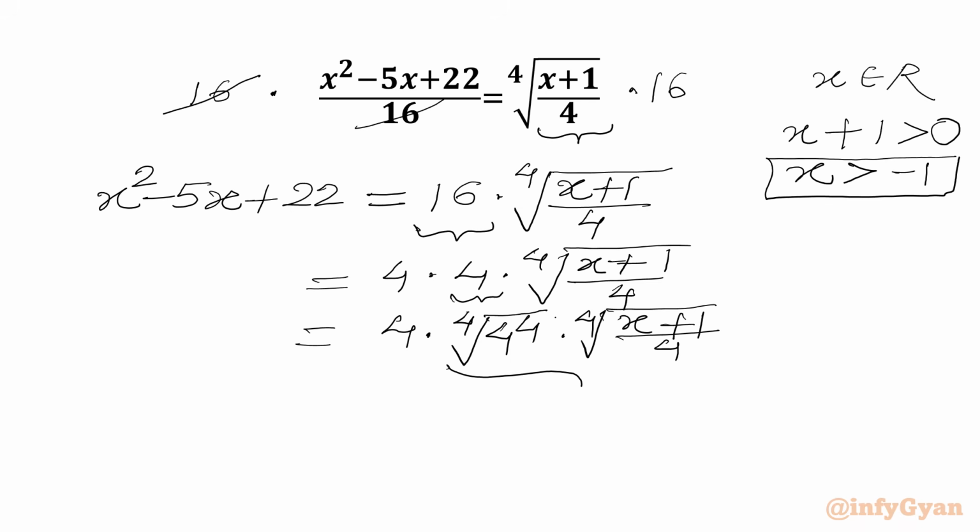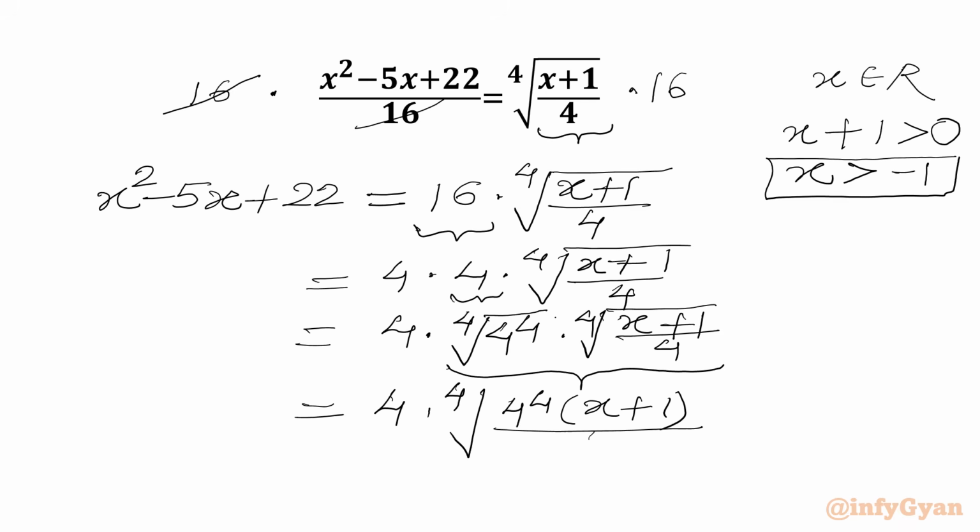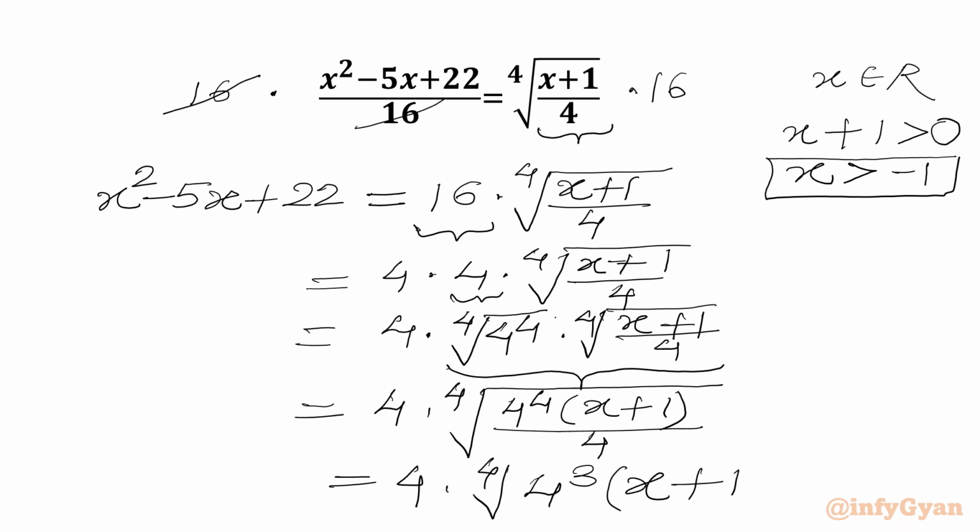Now we can club these two 4th roots and write 4 times the 4th root of 4 power 4 times (x + 1) over 4. Now we can cancel, and in the denominator we have 4 power 1, so it will give us 4 cube only. So we can write this equal to 4 times the 4th root of 4 cube times (x + 1).